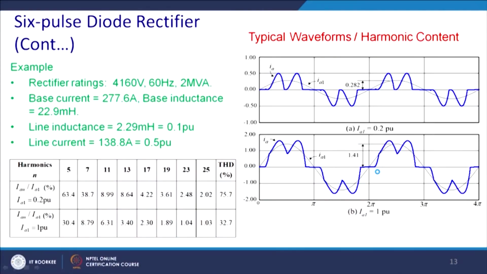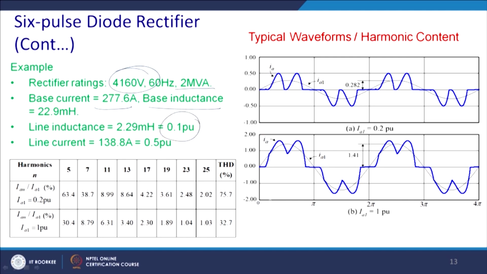This waveform is an example of a 6 pulse diode based rectifier, and the rectifier rating is of this much volt, 60 hertz and 2 MVA. So, base current is this much ampere and the base inductance is 22.9 millihenry, and line inductance is this much per unit.